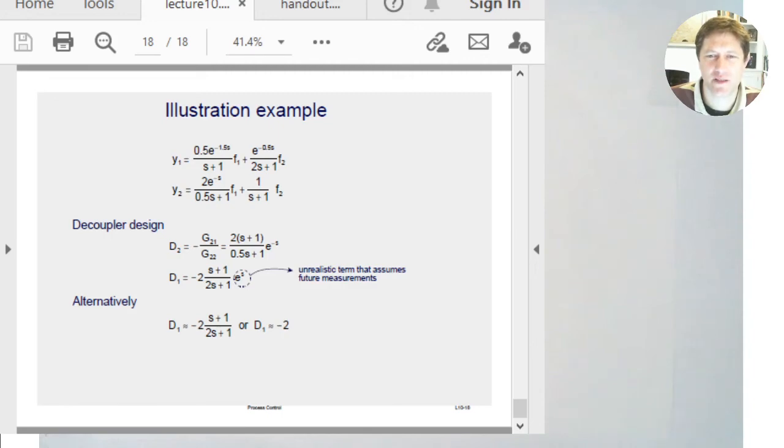That's fine, e to the minus s is a delay term. That's a plausible controller to build. But if we look at the other decoupler, then we have this term divided by this term.